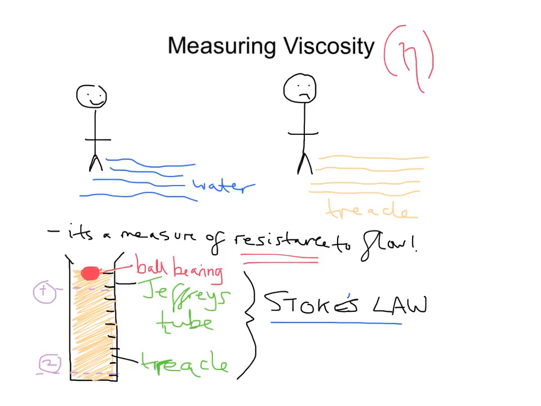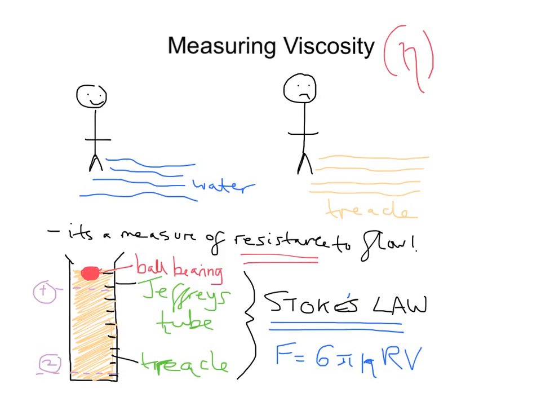Now Stoke's law says that F, where F is the force due to the viscous drag of the liquid, is equal to 6 multiplied by pi, which we take a value of 3.14 for, multiplied by this value for viscosity, so we've got this symbol for viscosity here, multiplied by the radius of the ball, multiplied by v, the speed of the ball bearing, and that's calculated by the distance fallen, measured in meters, divided by the time taken, measured in seconds.